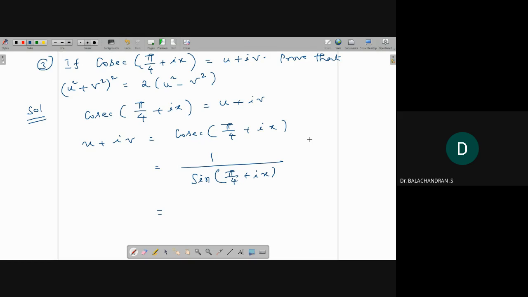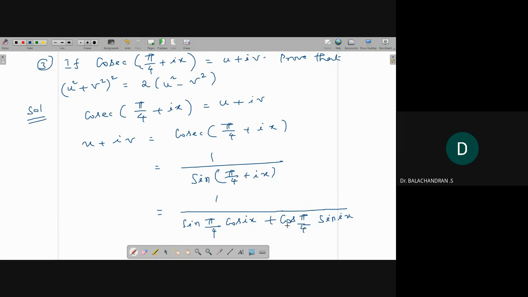So write it: 1 by sin(pi/4) sin a cos b plus cos(pi/4) cos a sin b, with a equal to ix. Okay, so sin(pi/4) is 1 by root 2.